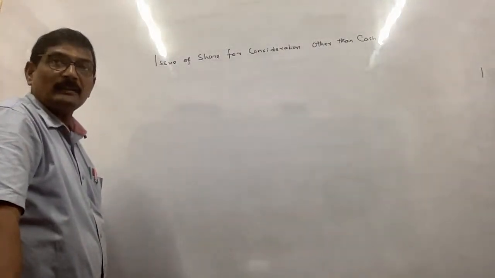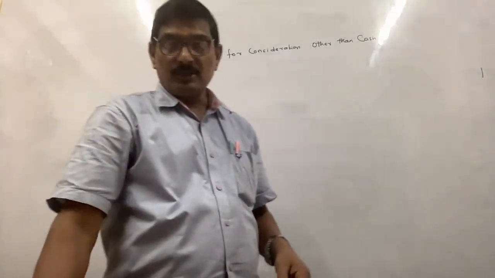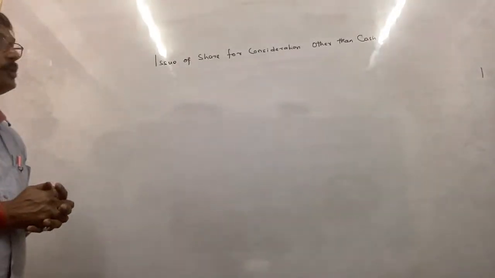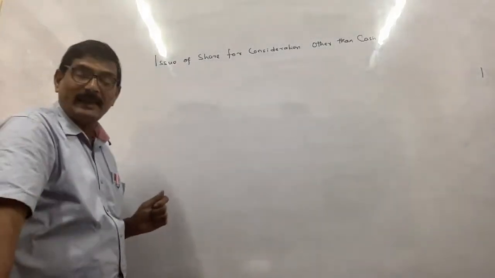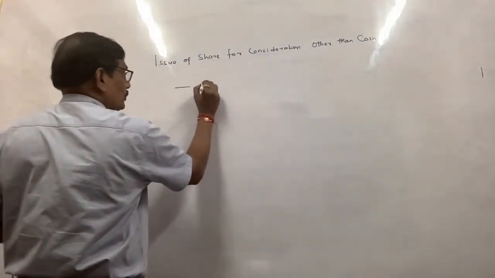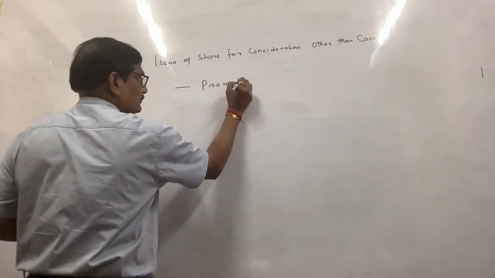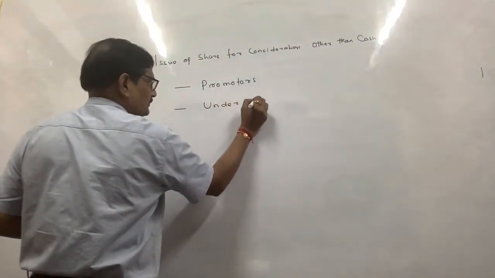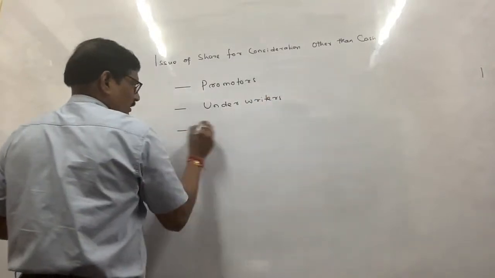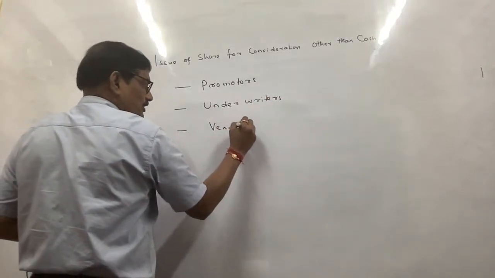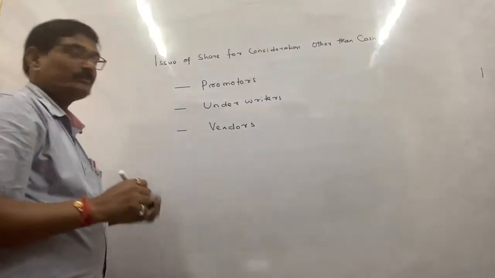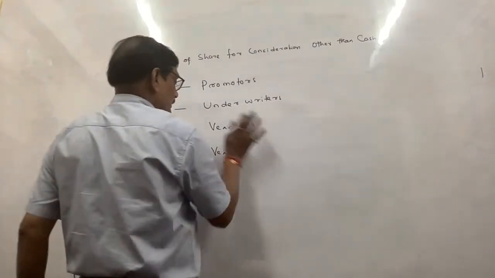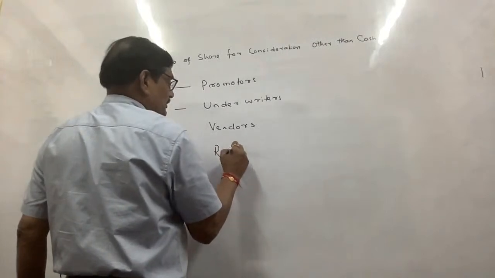Issue of shares for consideration other than cash. As we have discussed earlier, shares can be issued for cash as well as for consideration other than cash. When we are talking about issue of share for consideration other than cash, shares can be issued to promoters, to underwriters, to the vendor for purchase of assets, or again to the vendor for purchase of running business or the other company for purchase of running business.